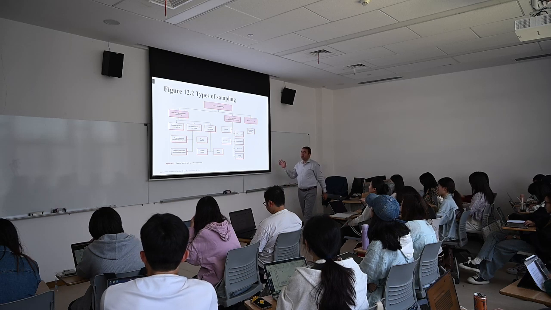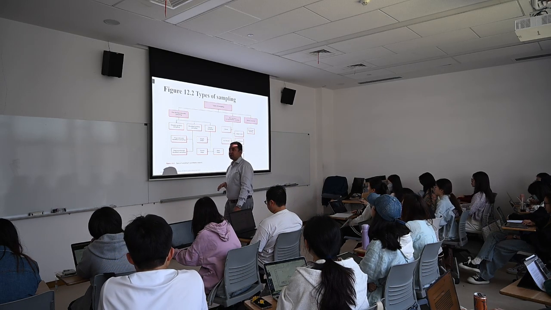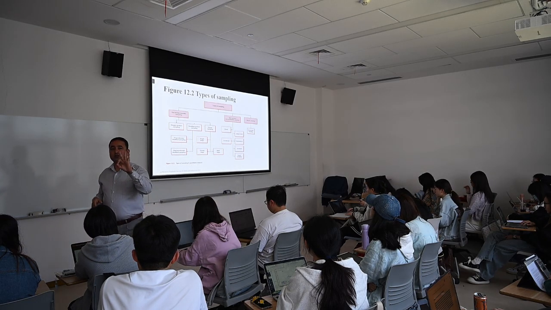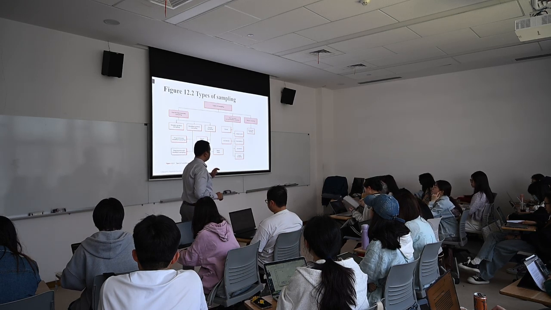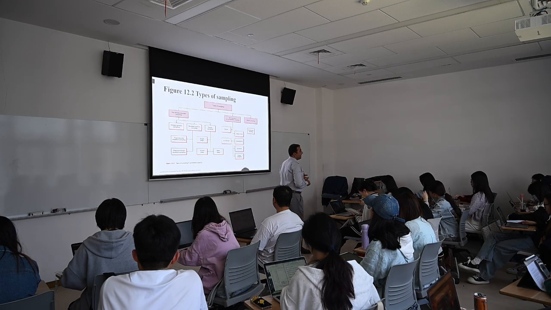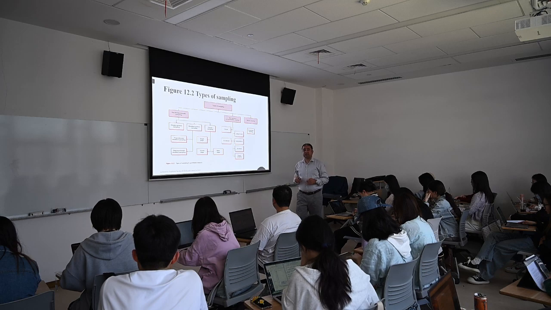Now we will move on to types of sampling. Broadly, we can classify sampling into three types: random, non-random, and mixed. They are also called probability, non-probability, and mixed or systematic sampling.